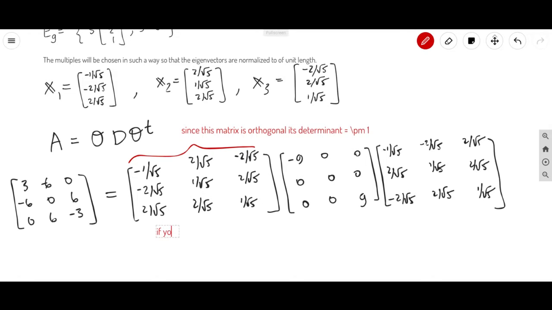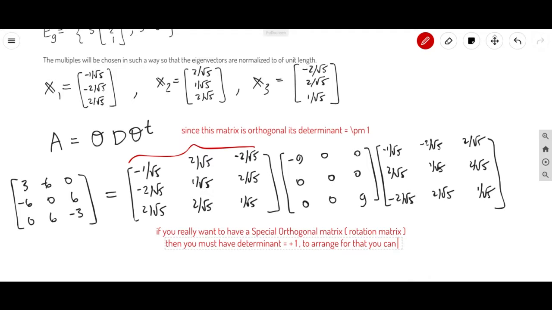So if you really want to have a special orthogonal matrix, which is another way of saying a rotation matrix, that's what a special orthogonal matrix is. A special orthogonal matrix is a rotation. So if you want to have a special orthogonal matrix, then you must have determinant equal to plus 1. And to arrange for that, you can simply negate one of the eigenvectors.